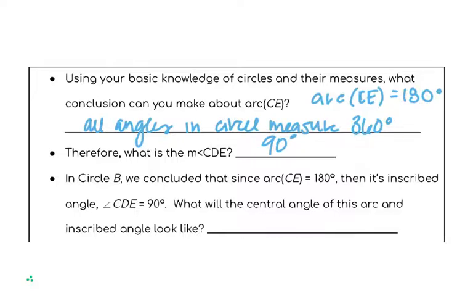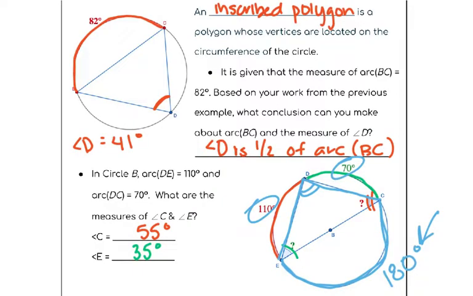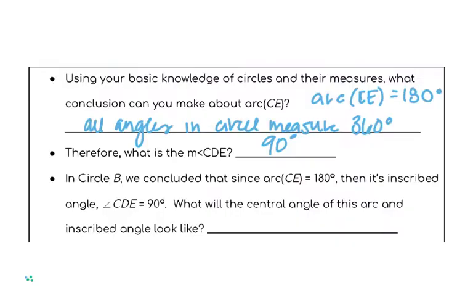So in this circle, we concluded that arc CE is 180 and its inscribed angle is CDE. What will the central angle of this arc and inscribed angle look like? Where is the central angle going to be to this intercepted arc? Some of you might be saying that it would be right here. Well, what's the measure of that angle? 180 degrees.